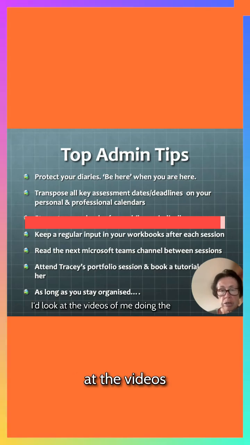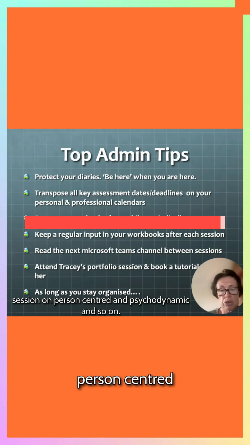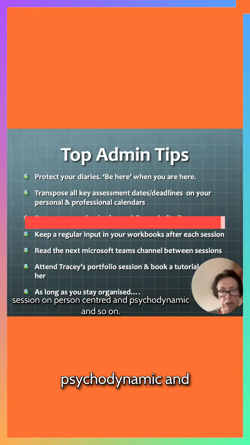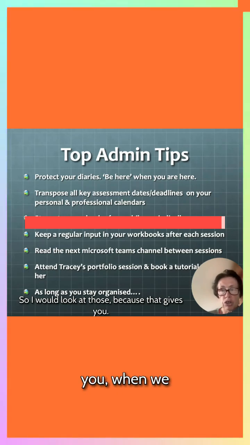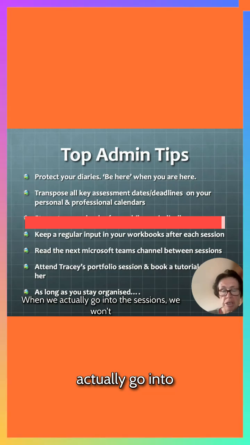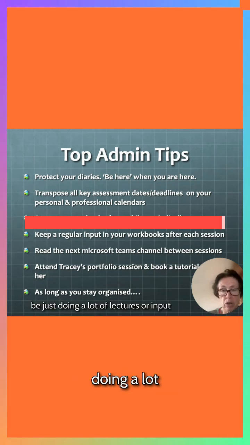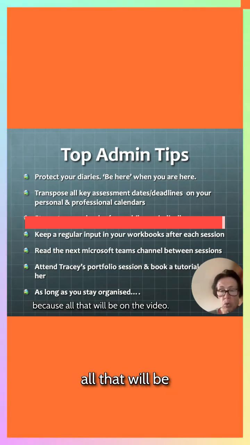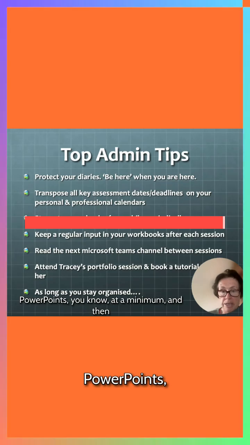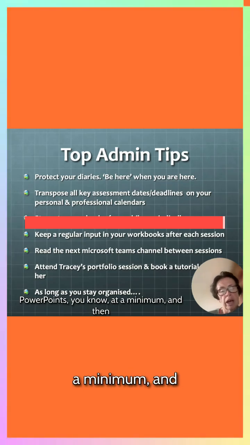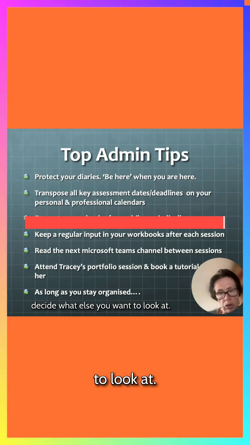I'd look at the videos of me doing the session on person-centered and psychodynamic and so on. Because when we actually go into the sessions, we won't be doing a lot of lectures or input because all that will be on the video. So look at the videos, look at the PowerPoints, at a minimum. And then decide what else you want to look at.